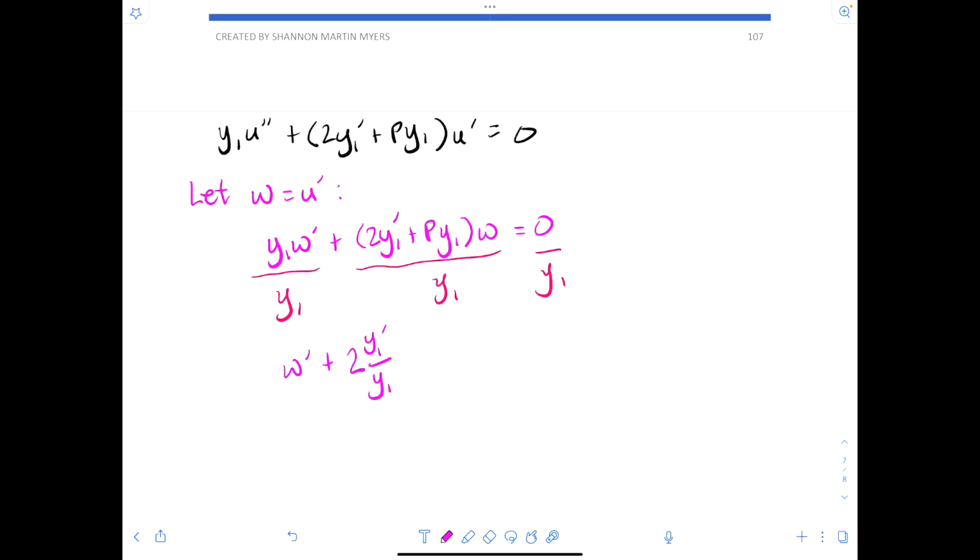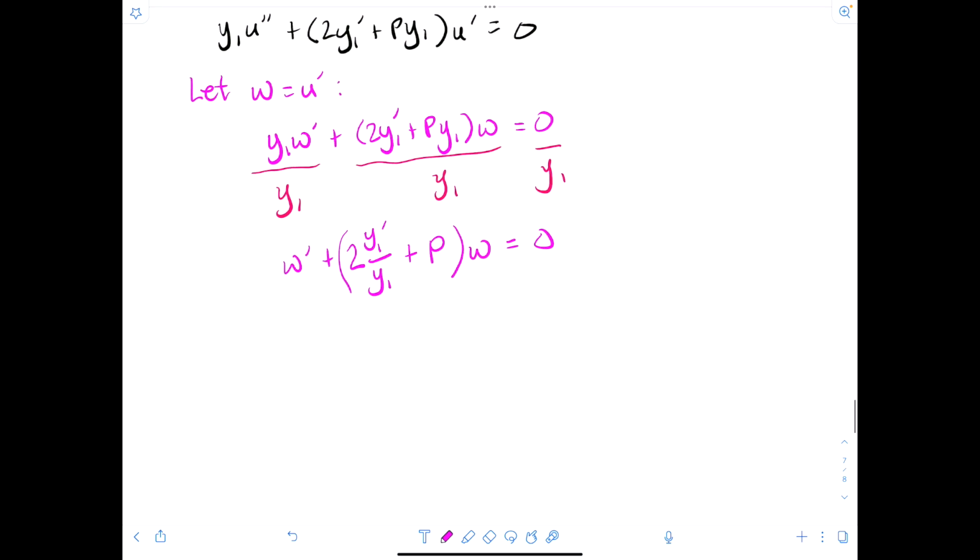We'll just write it like this: 2 times the ratio of y1 prime over y1, plus p, all of that times w, equal to 0.